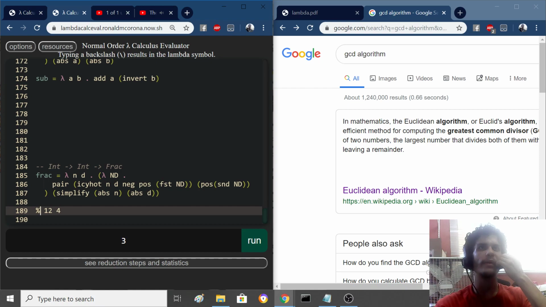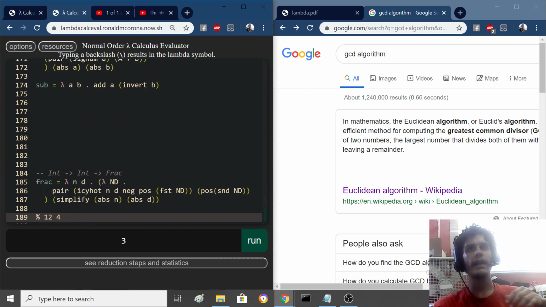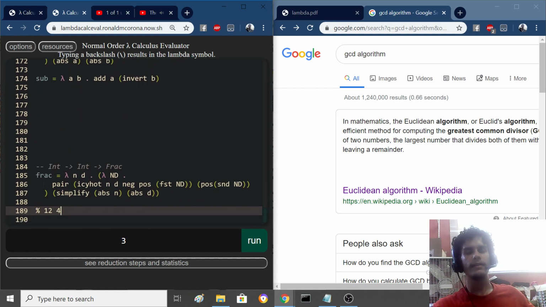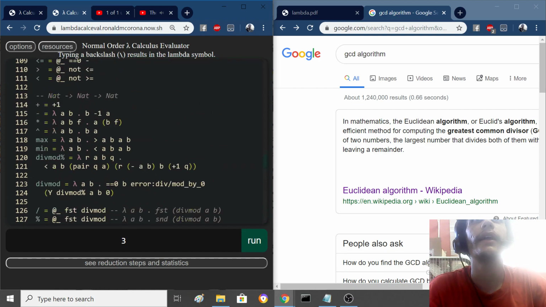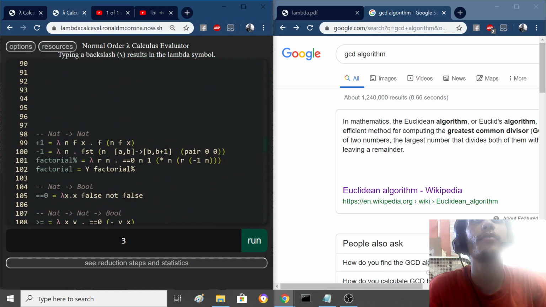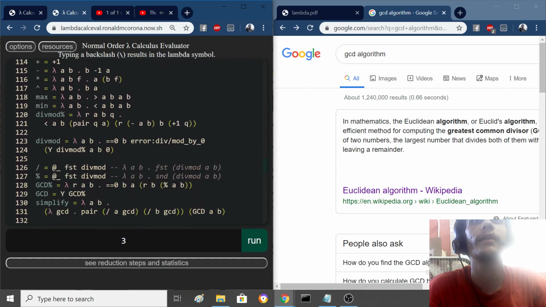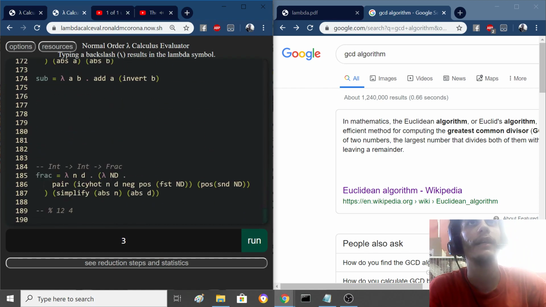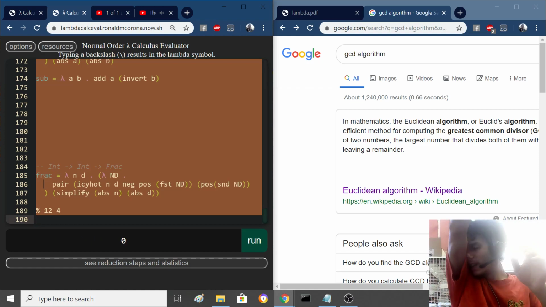Okay, that's really bad. Well, testing. Testing is real good. Okay. I don't think that this was the problem. I think I actually just misspelled something. Div mod. Yeah, first. It should be the second, right? Because 12 divided by 4 is 3, not 12 mod 4. Okay, now it should work. 0. Okay.